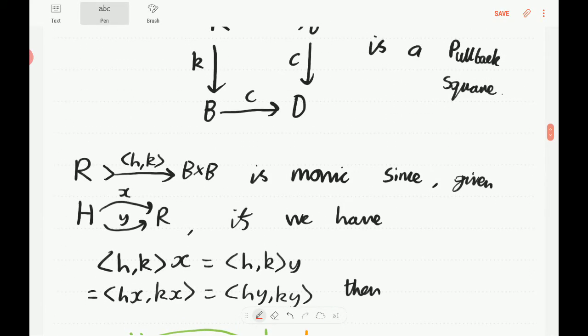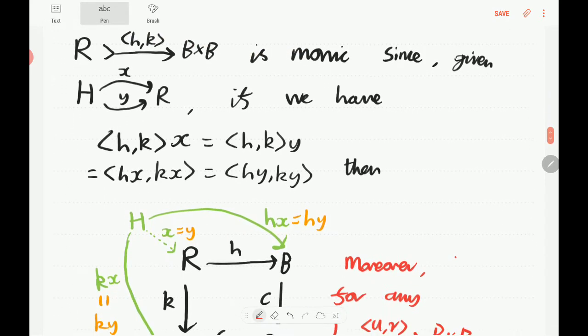So anyway, I prove that such a kernel pair is monic here.